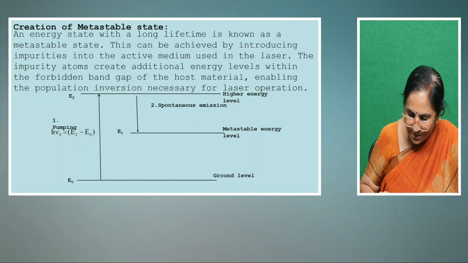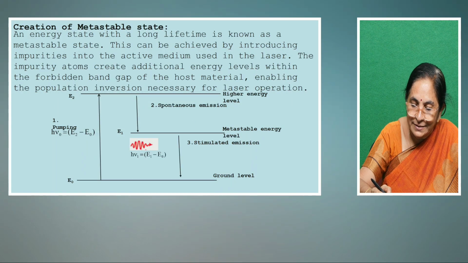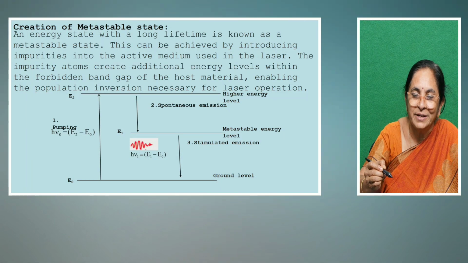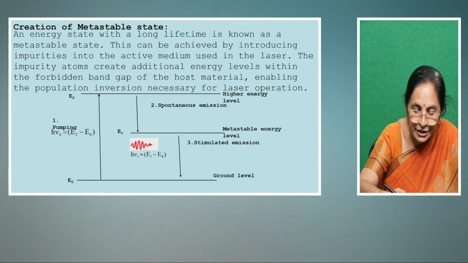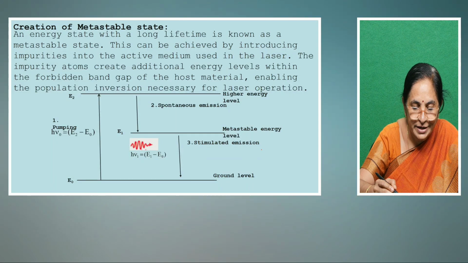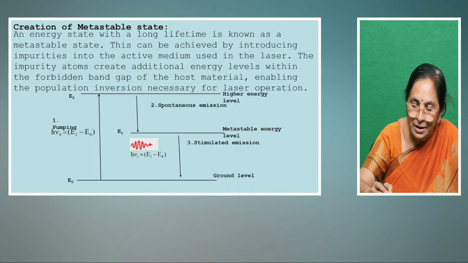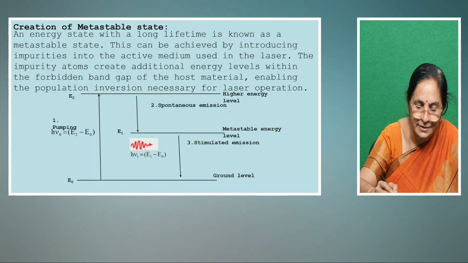Now what happens? From the metastable state, when the time 10 power minus 3 seconds gets over, the atoms are transferred to the ground state by stimulated emission. What happens here when the atoms are in the metastable state?